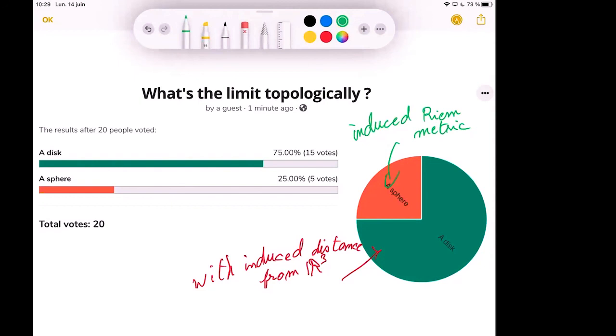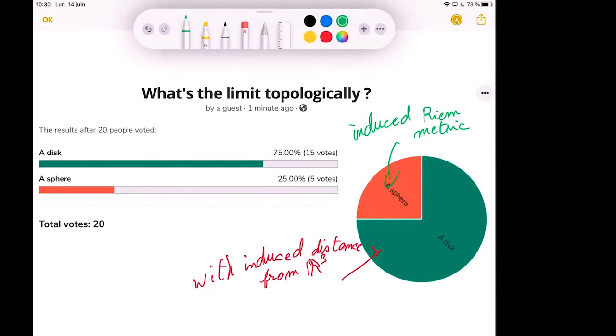Yeah, but with the induced distance from Rn, Christina. Not the induced metric, not the length distance. So you have to be careful with that kind of stuff and that visual intuition.